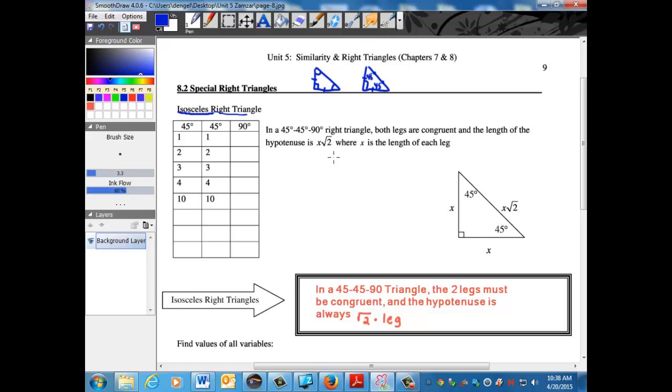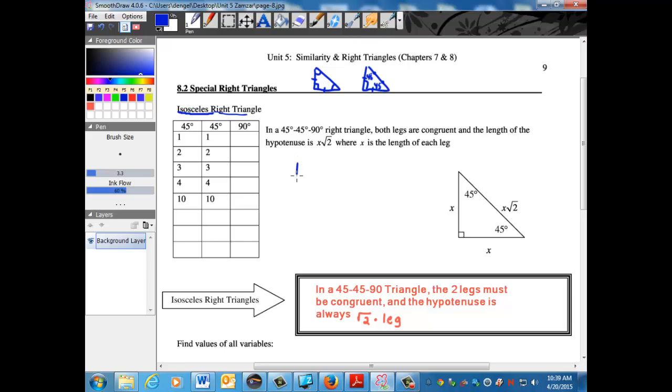When we look at the legs, we have a new theorem or formula that works, but before we learn about it, we want to think about why this works, or if there's a certain pattern that we see with these kinds of right triangles.